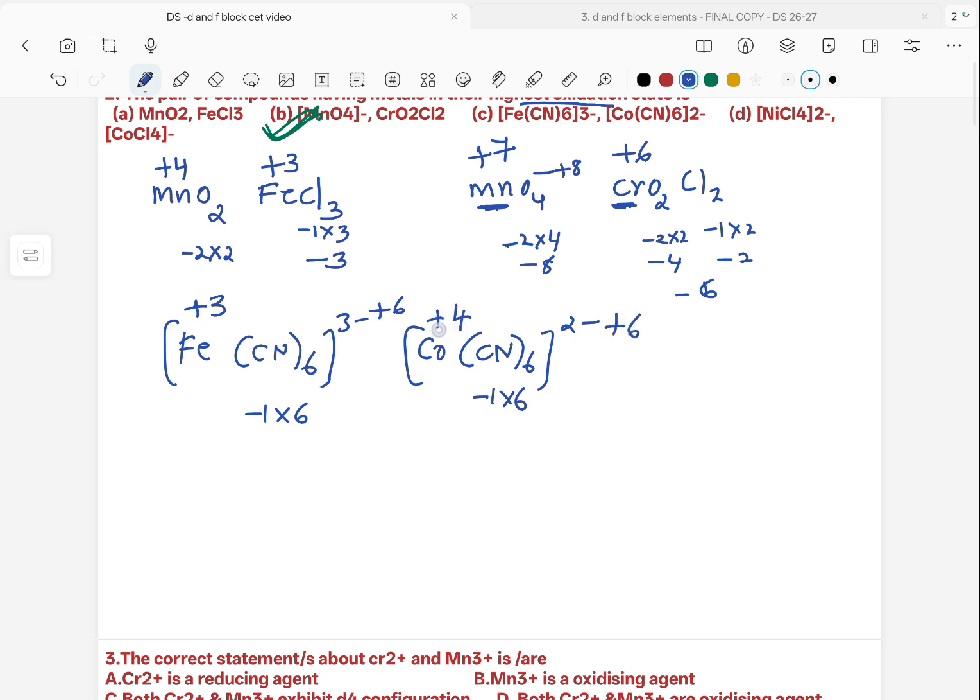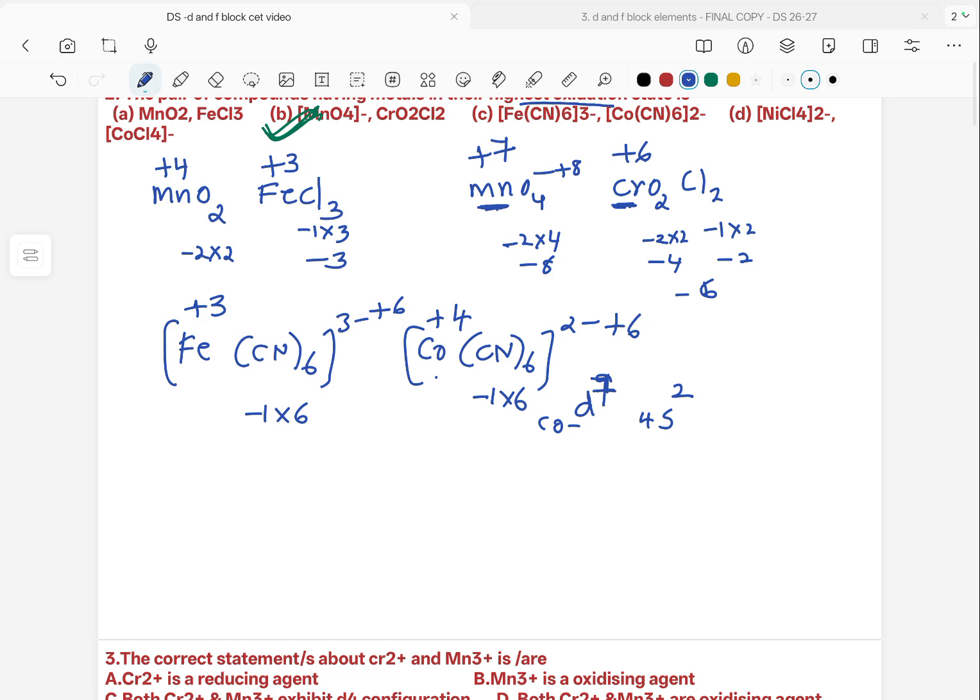So here they are in a lower oxidized state because of their valence electrons. Cobalt is 3d7 4s2 configuration, a total of 9 electrons there.